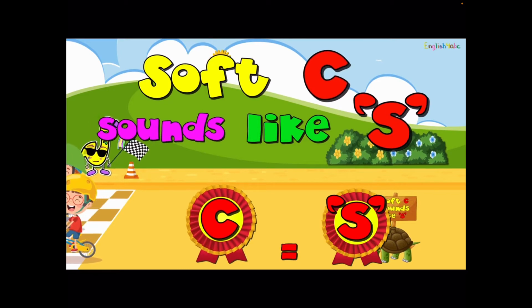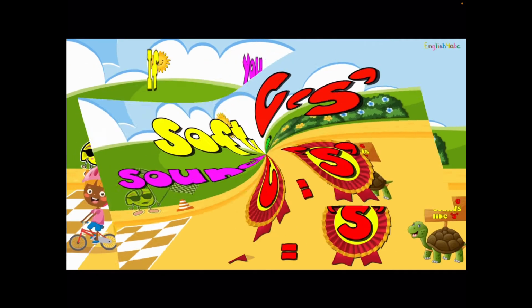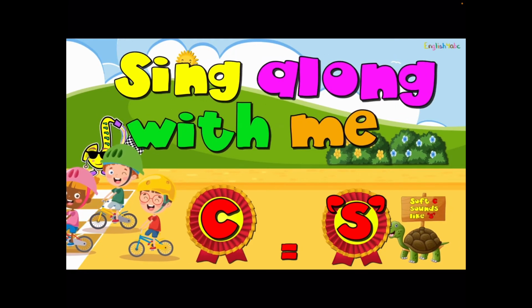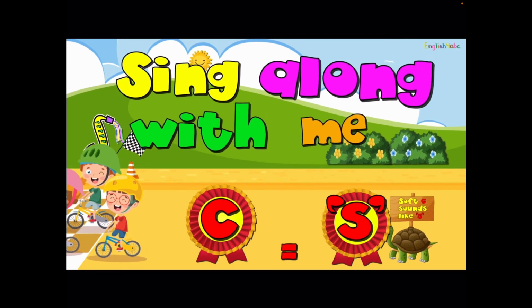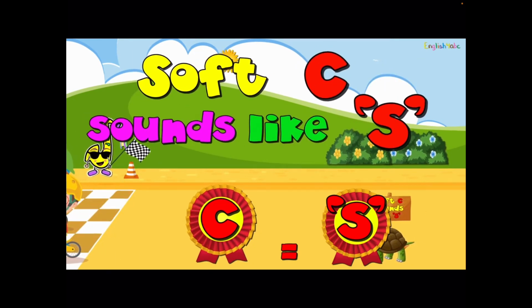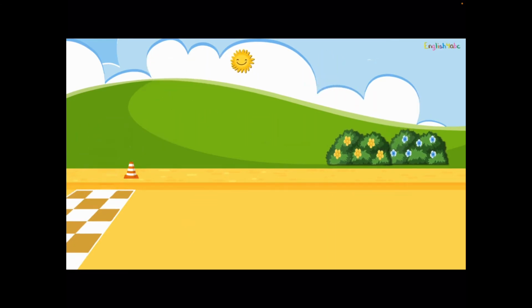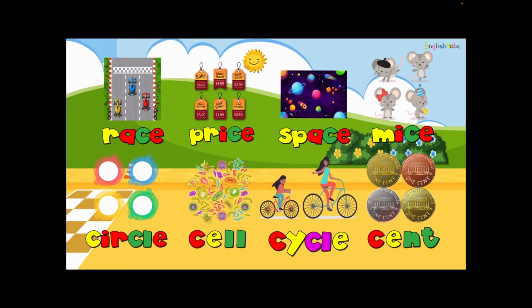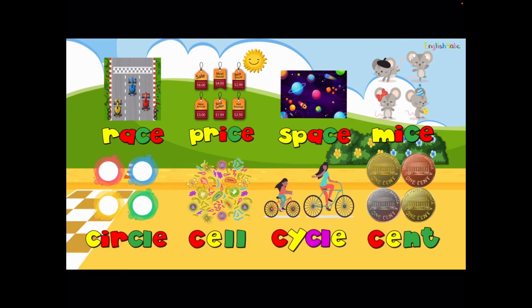Soft C sounds like S. If you know soft C, sing along with me. Soft C sounds like S. Race, price, space, mice, circle, cell, cycle, scent.